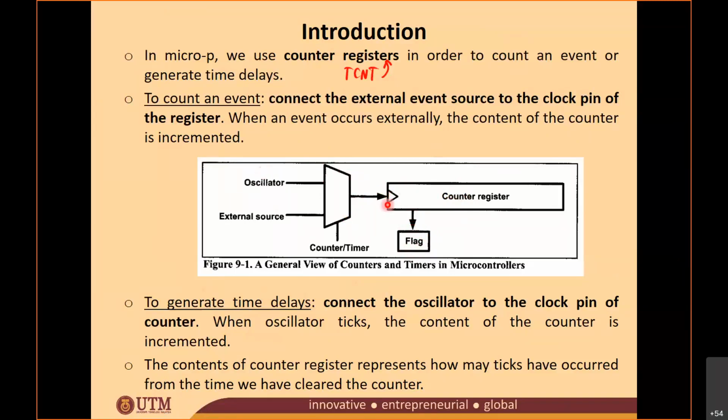If you connect this counter register with the oscillator, it means you're going to generate the delay. If you connect this counter register to your external source, the switches, then you're going to make this counter register count a certain event. The content of the counter register represents how many ticks have occurred from the time we cleared the counter.